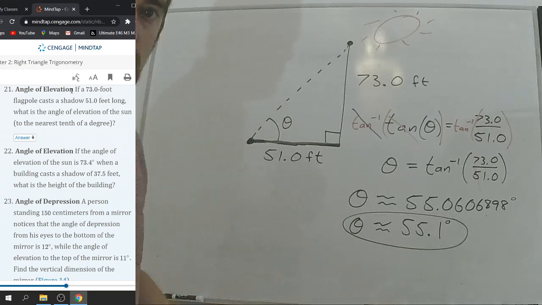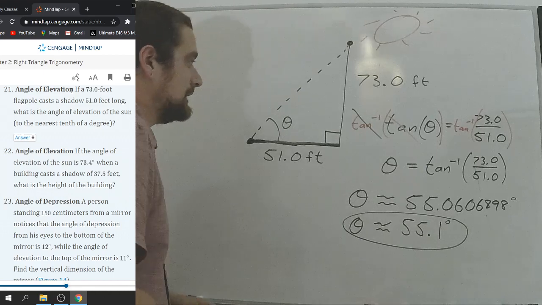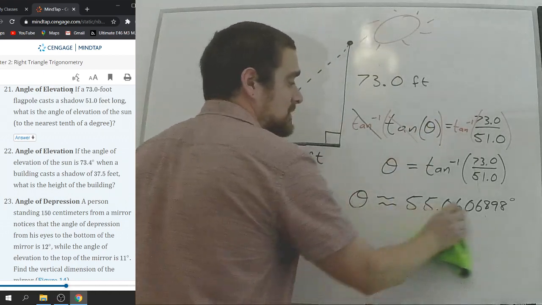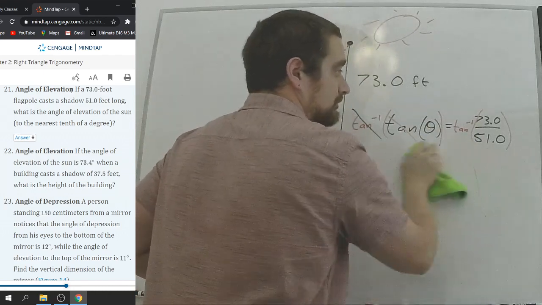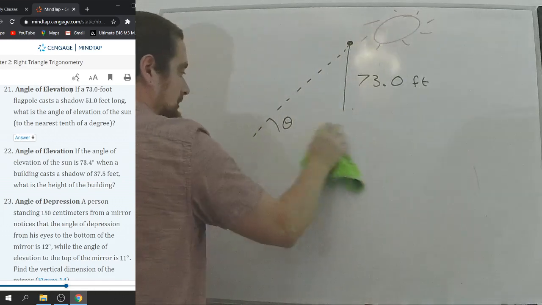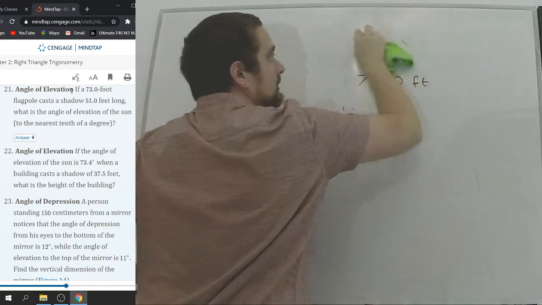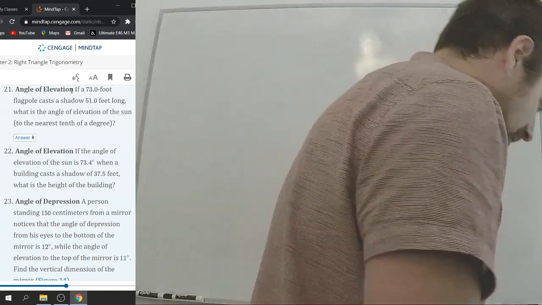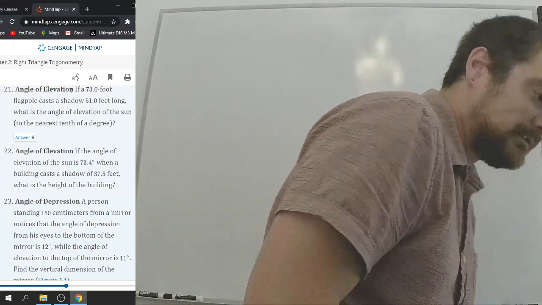Maybe you're in radian mode instead of degree mode, or maybe you used the wrong inverse trig function, or maybe you didn't use the inverse function. Maybe you typed in tangent of 73 over 51. Any number of things can go wrong, so always double check your final answer. Just make sure you're comfortable with it and it's not ridiculous.